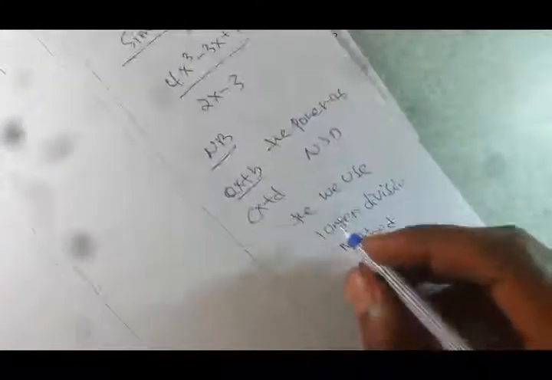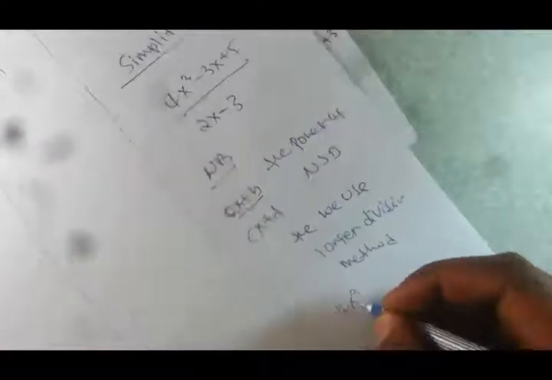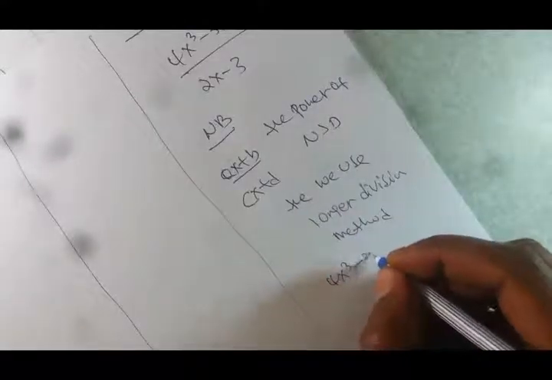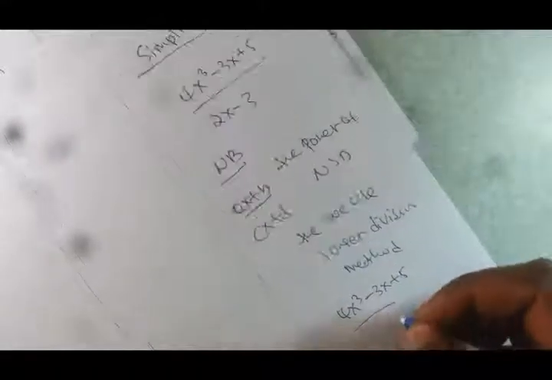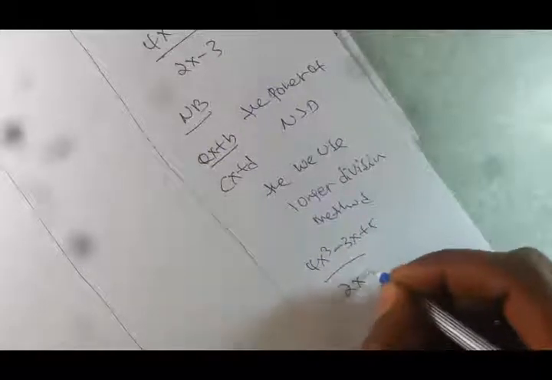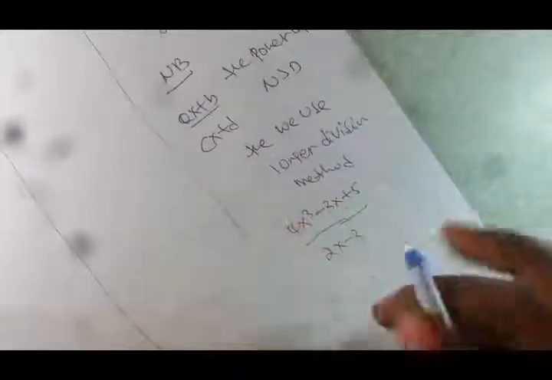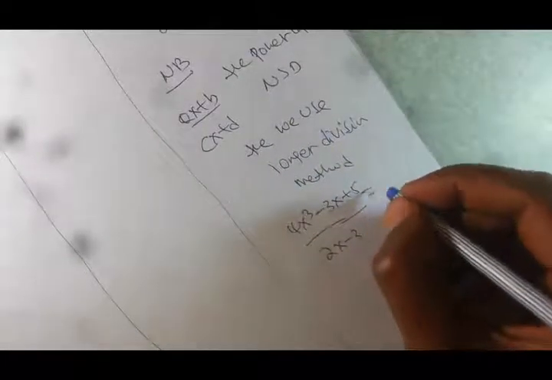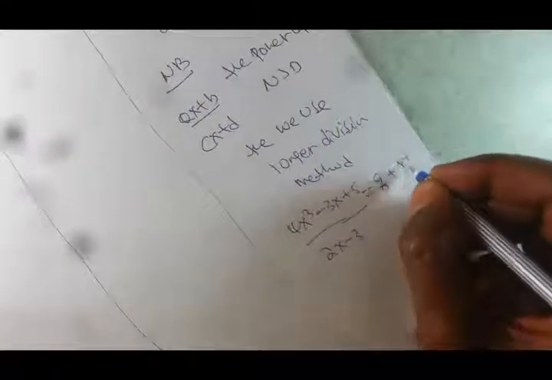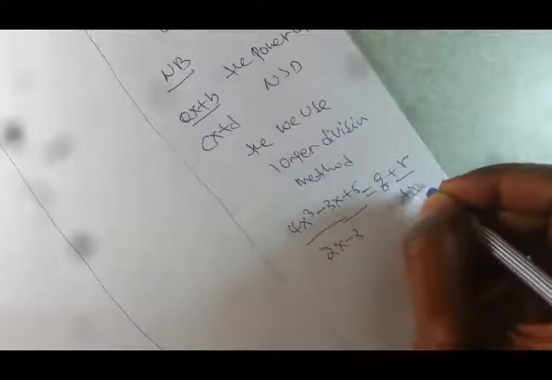For example, our case is given 4x cube minus 3x plus 5 over 2x minus 3. This can be written as quotient plus remainder divided by divisor.